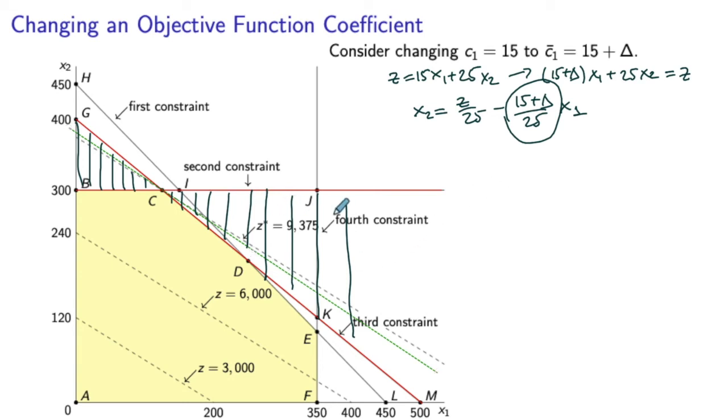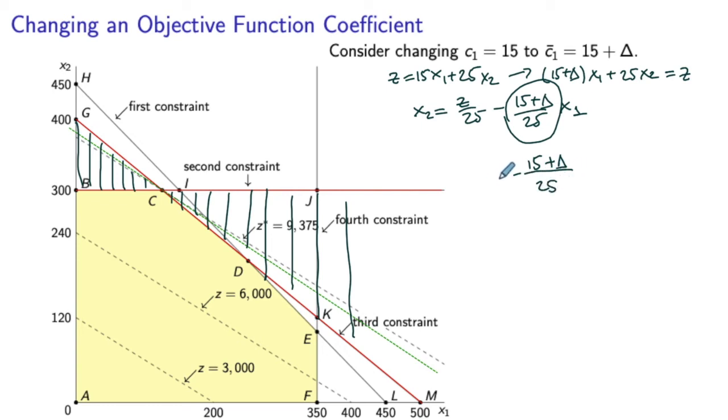We said that in order for the point C to remain optimal, we need to ensure that the slope of our isoprofit line is sandwiched between the slopes of the two red lines. So our slope is negative (15 plus delta) over 25.